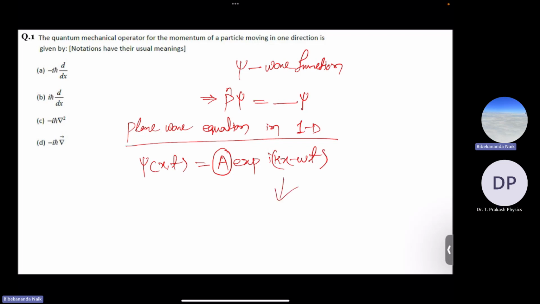Yes, sir. This is one dimension, but in three dimensions it will be exponential i k vector dot r vector minus omega t.